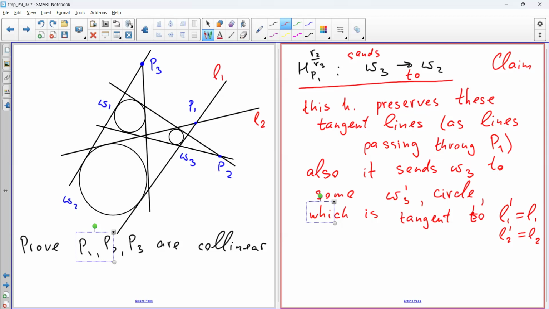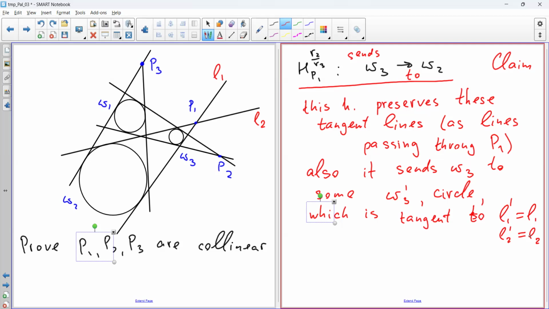It sends every point to some other point, right? So if we consider a tangent line to a circle, then after this transformation, the circle will go to some circle, and the tangent line also goes to some straight line, and still that new circle and that new straight line must have exactly one common point.